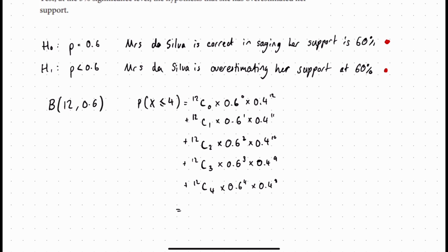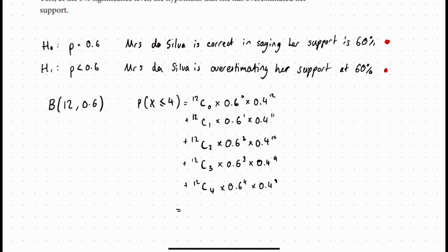I'm just going to double check that solution because the solution should be 0.057. And when we get 12C4 added on, 0.6 to the power 4, 0.4 to the power 8.